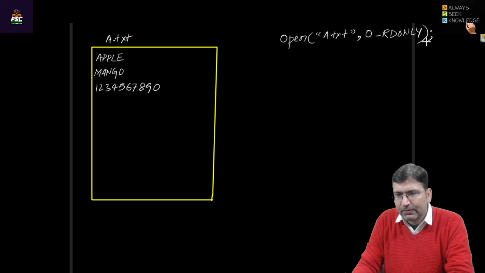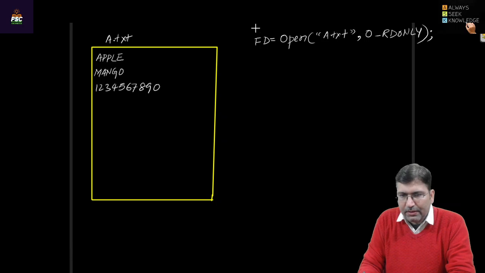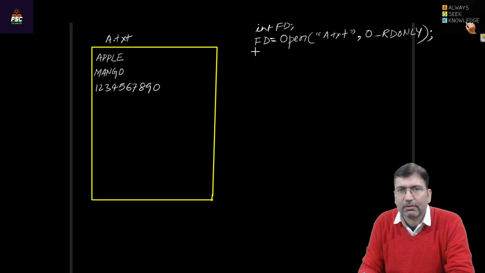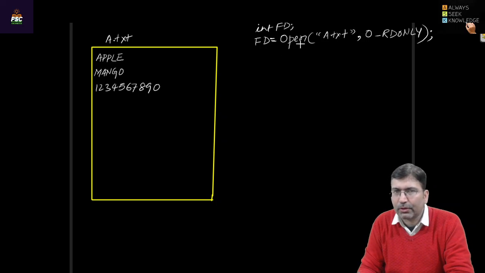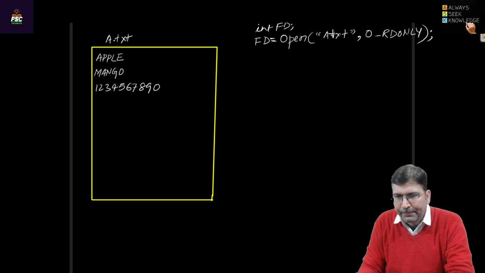So if you open this file by using open system call and you take an integer like fd, so I'm taking an integer variable, let's say fd, I can store the return value of open in the variable fd. Open returns the file descriptor, as I have elaborated in the previous video. What is file descriptor, you know now, right? So that file descriptor is available in fd now.